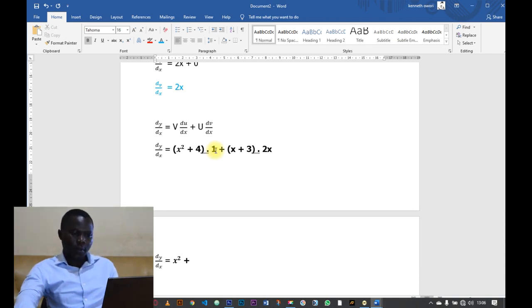We multiplied 1 by x squared and got x squared.